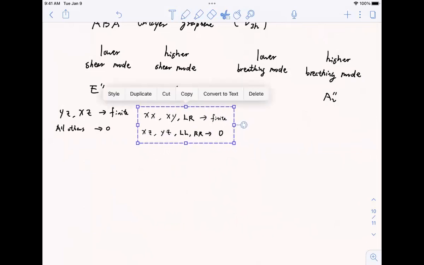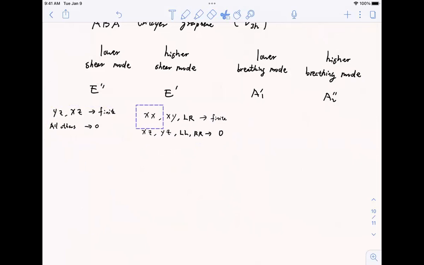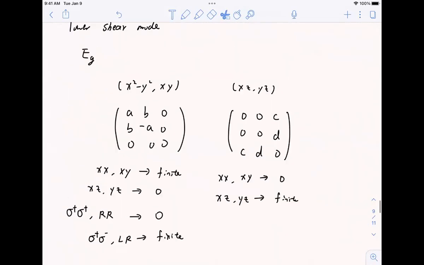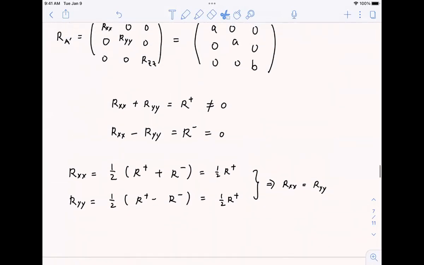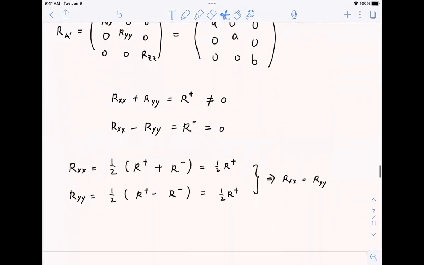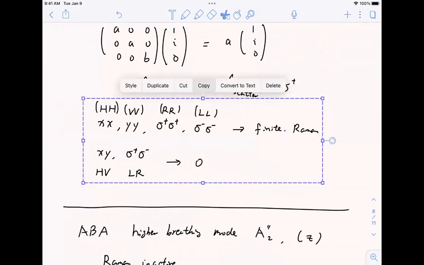Okay, so. And then the lower breathing mode. So it's a bit tedious, but let's finish this part. Lower breathing mode is this.